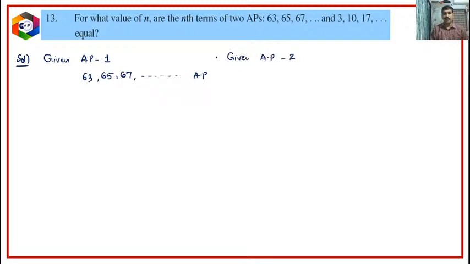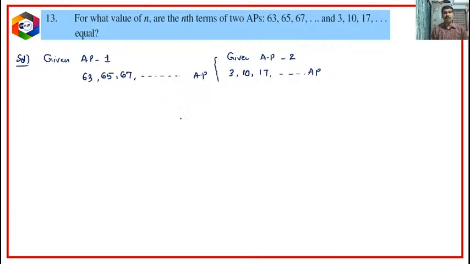Here I am going to write side by side: 3, 10, 17 and so on. Now in this AP and in this AP, observe children, in both the APs the nth terms are equal.